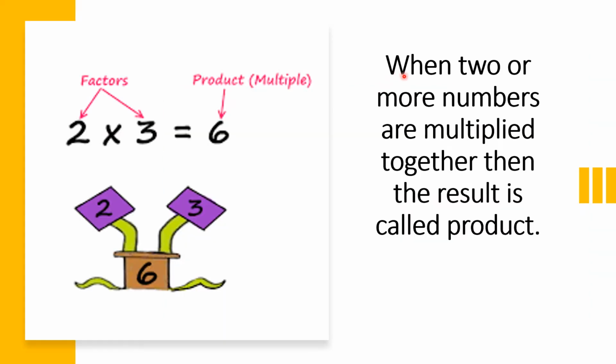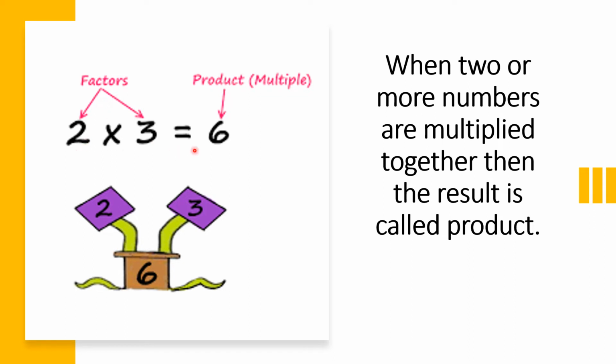All of you know very well that when two or more numbers are multiplied together, then the result is called product. It means 2 multiplied by 3 equals 6. 6 is the product and 2 and 3 are called factors.